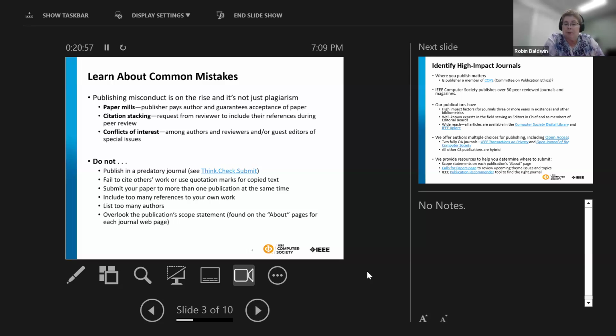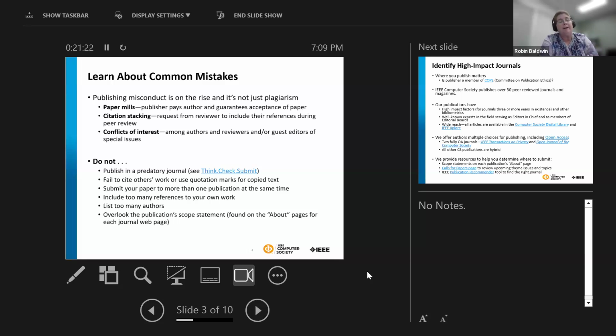Do not submit your paper to more than one publisher or publication at the same time. That's what's called a duplicate submission, and upon discovery, will likely end up with both papers being rejected. Do not include too many references to your own work or list too many authors.